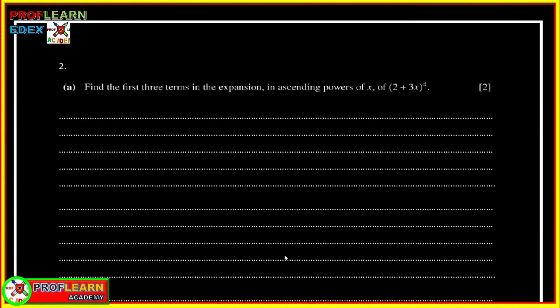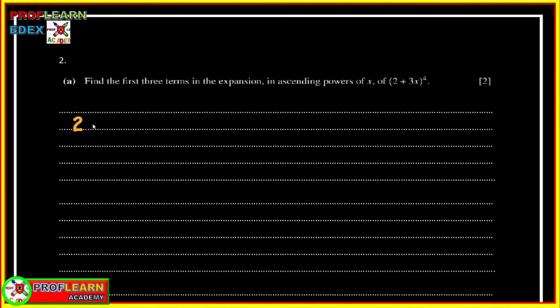So looking into this, we're going to start by saying that this can be written as 2 raised to power 4. The power 4 is given there. So the first term, which is 2, is going to be raised to the power that is given.